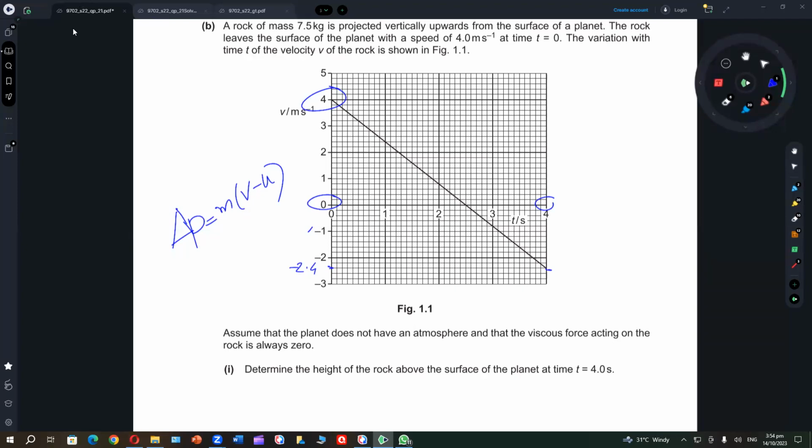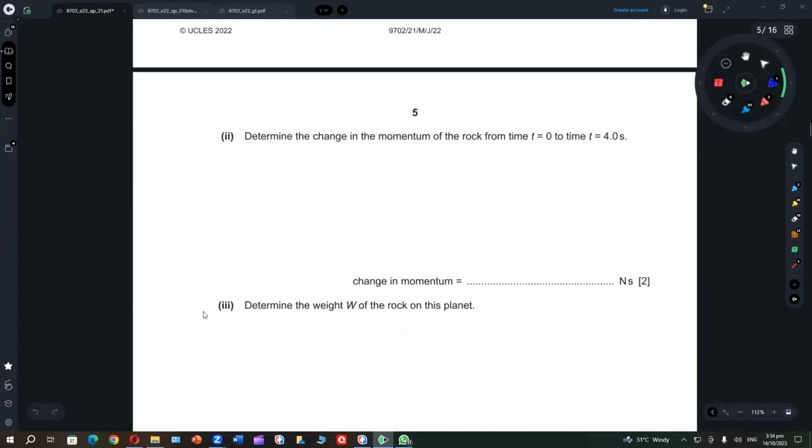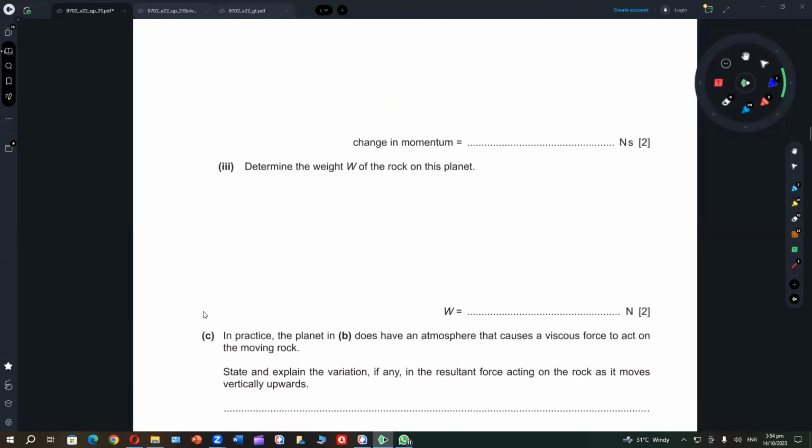So one option is there. Okay, find the gradient.